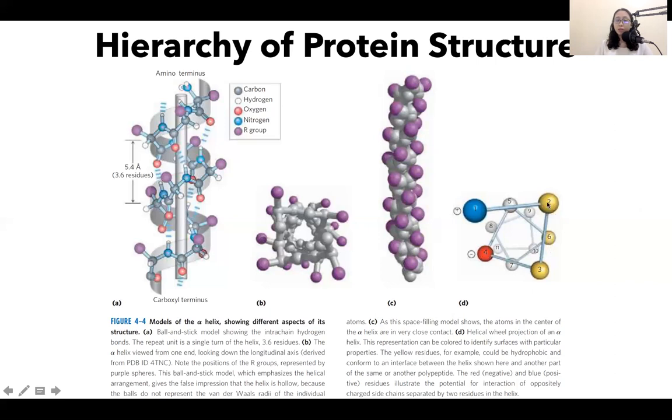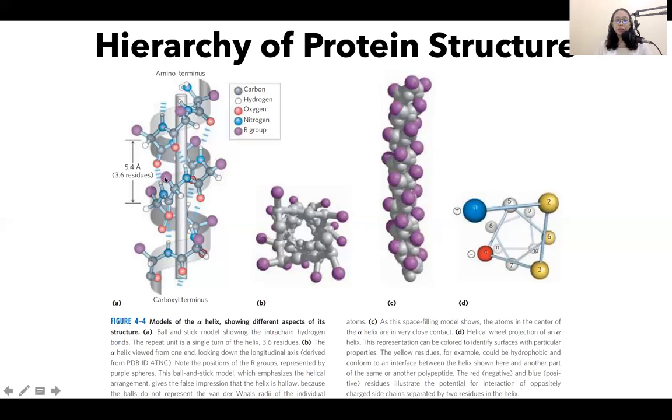Sometimes you will also observe that on the same side of your helix, you will find nonpolar side chains. This is again favorable because your nonpolar side chains can interact via van der Waals interactions. And finally, I forgot to mention that the carbonyl and the NH of your peptide bonds form hydrogen bonds with each other.